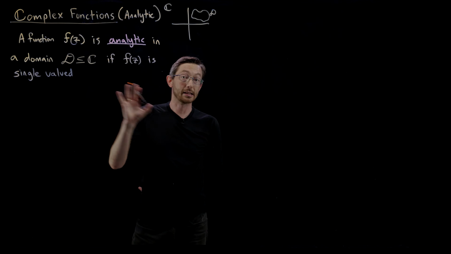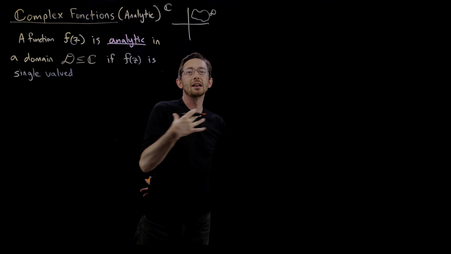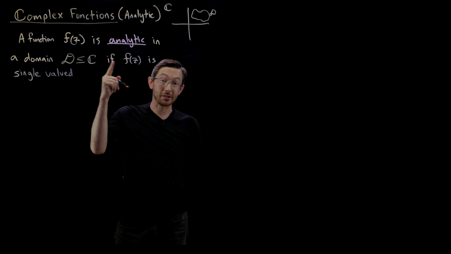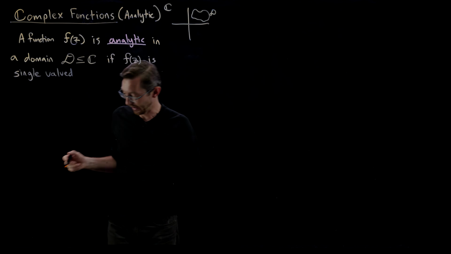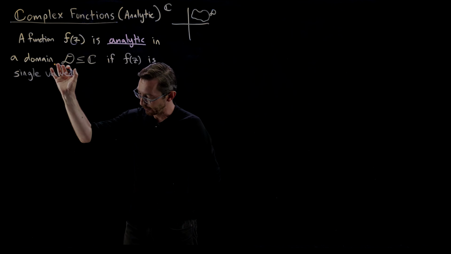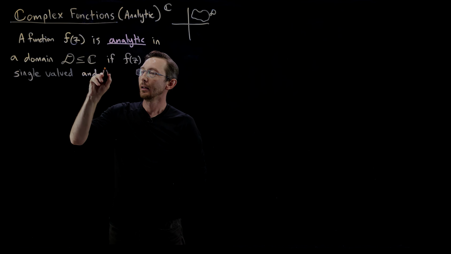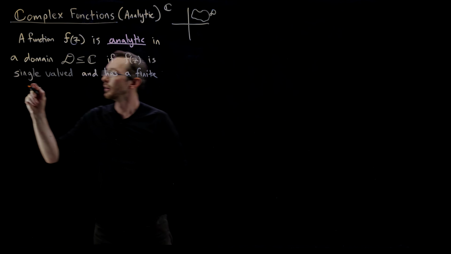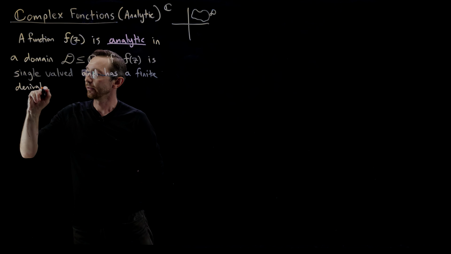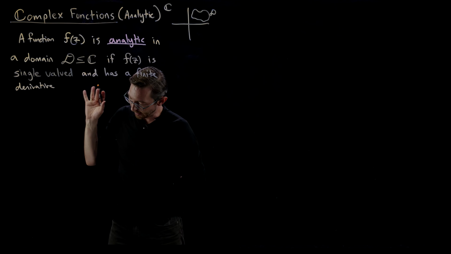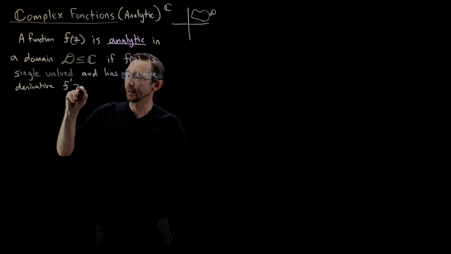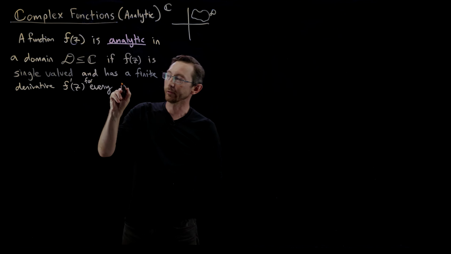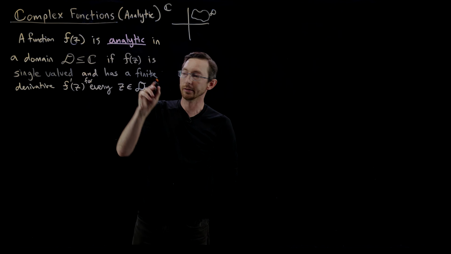Like the cosine and sine functions are single valued, z squared is single valued. Z to the 1/2 is not single valued. There are two solutions to z to the half. If it's single valued and has a finite derivative, f prime of z, for every z in that domain D.